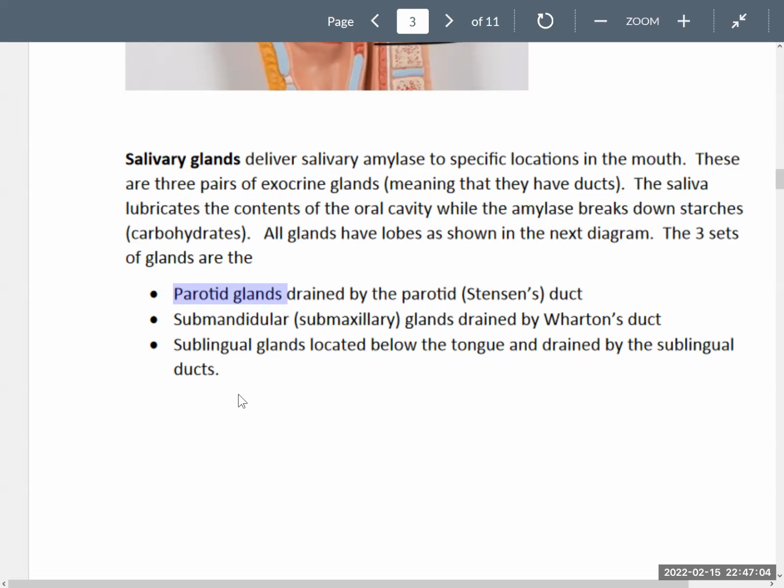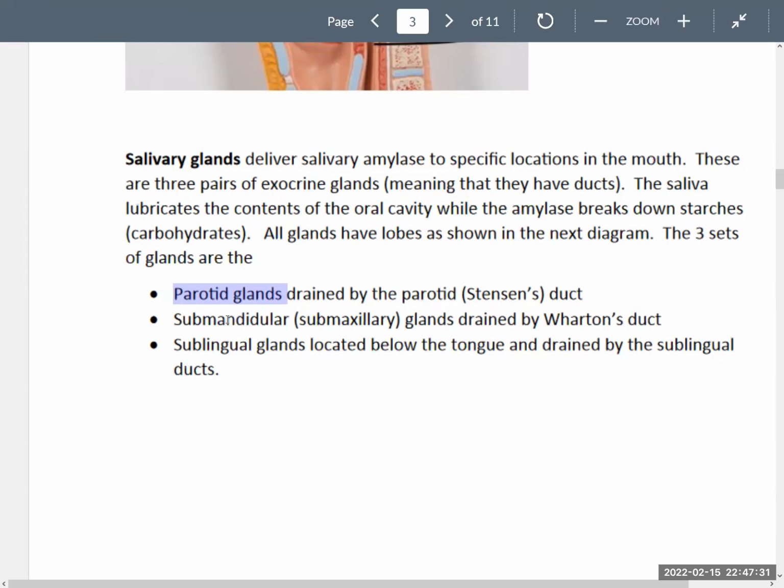I still actually prefer it. Since either could show up on an exam, if I'm asking a question, I'll say such and such parotid, then in quotes, Stenson's duct, so that I'm not trying to fool you or anything. Parotid glands, they're at your temples. We'll see that in a second.